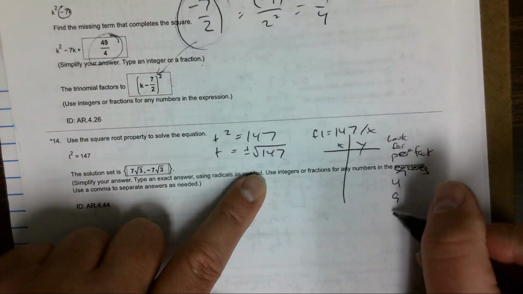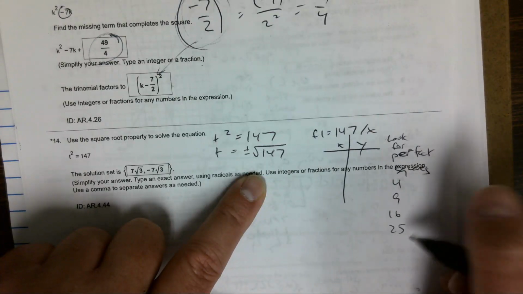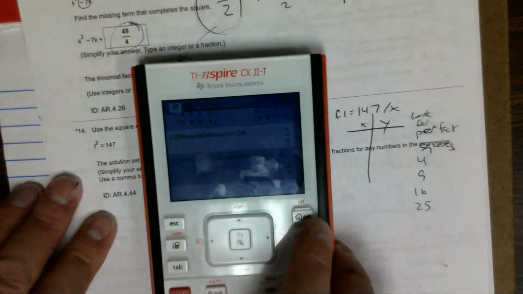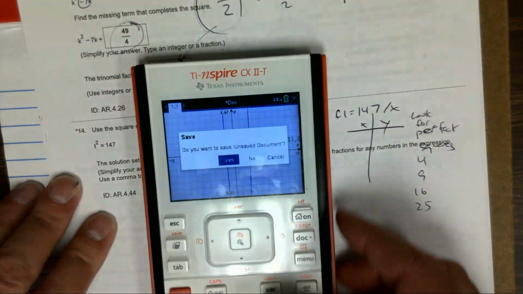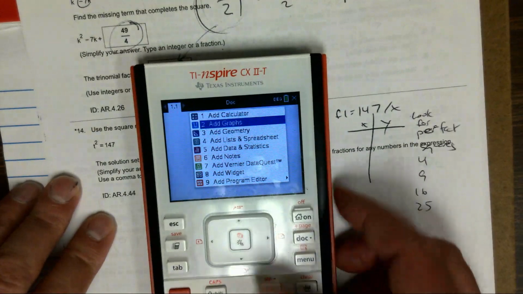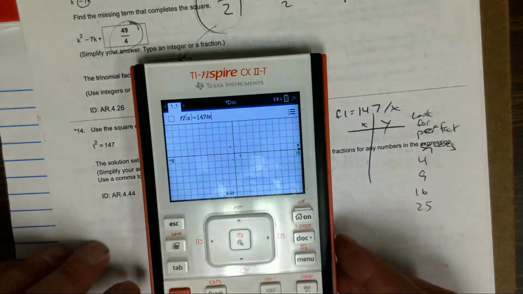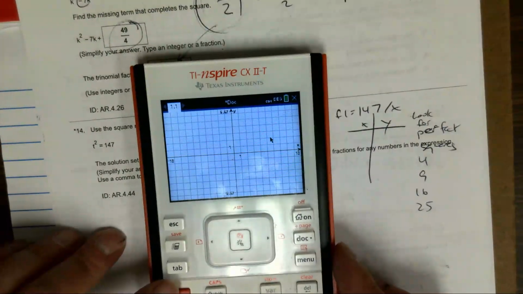Like 4, 9, 16, 25, and so forth. So let's do that. 147 divided by X, and look in your table.